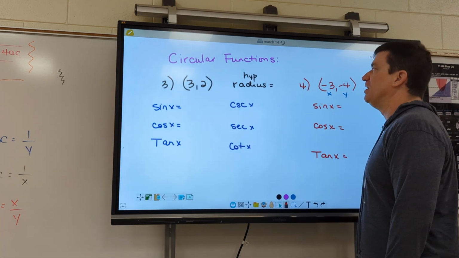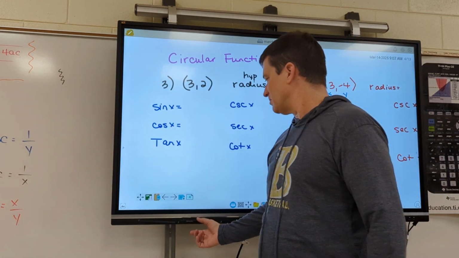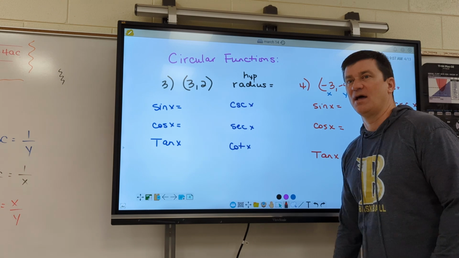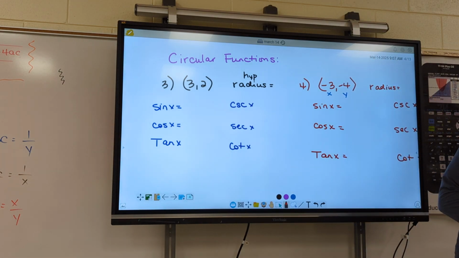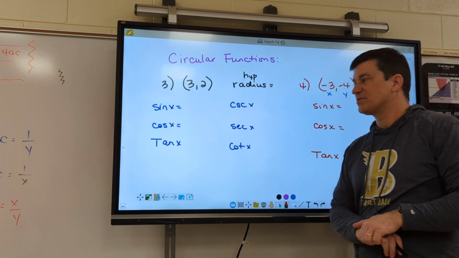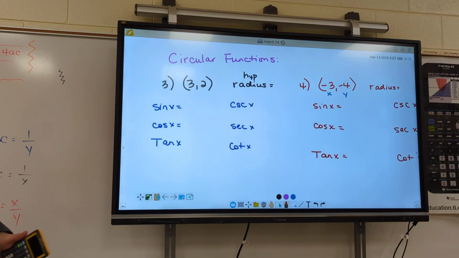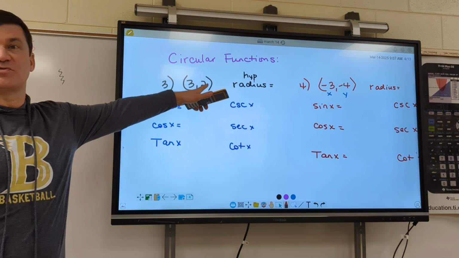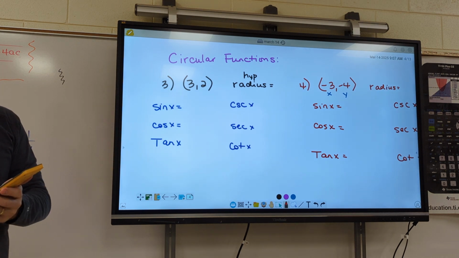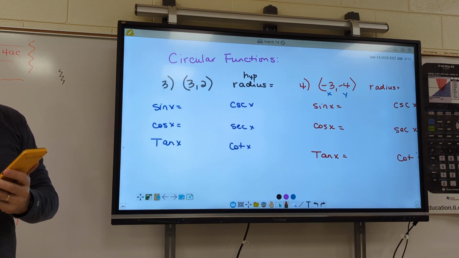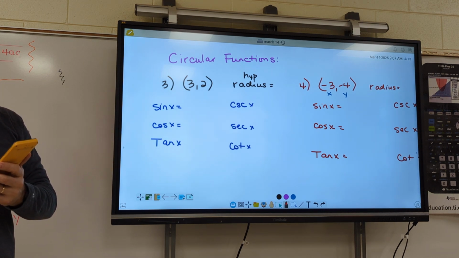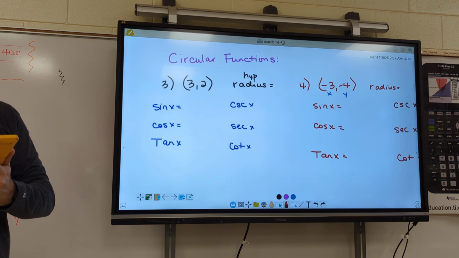All right, number 3. Again, I'm not going to draw a triangle. We're just going to put it in our calculator. James, what am I going to type in my calculator to find my radius? 3 squared plus 2 squared is 13.